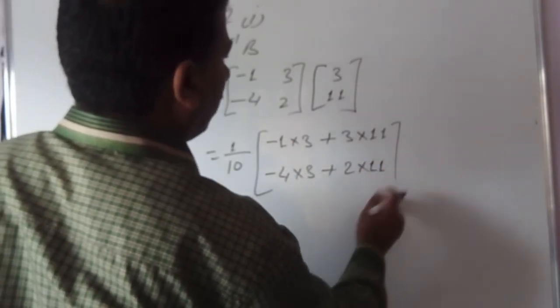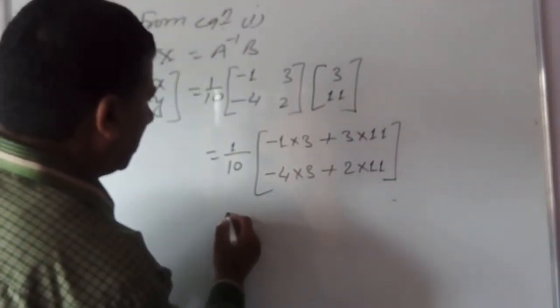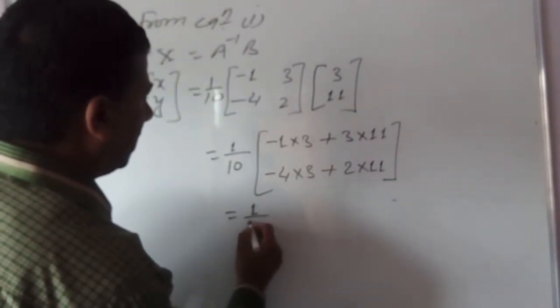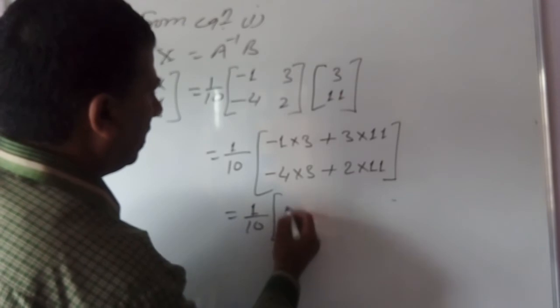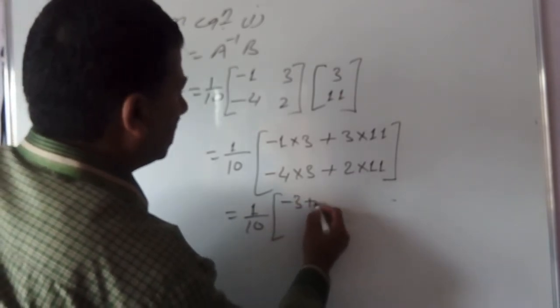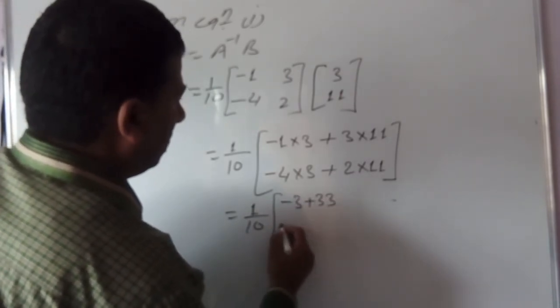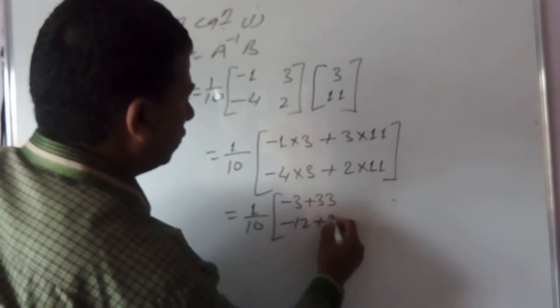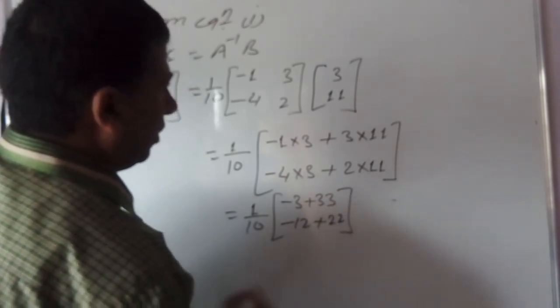After multiplication, 1 by 10 times minus 3 plus 33, minus 12 plus 22.